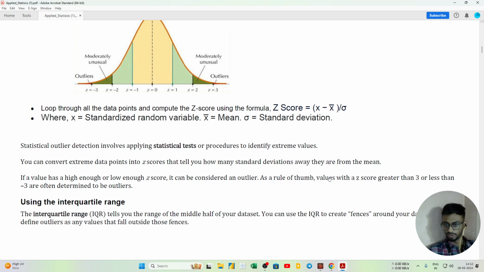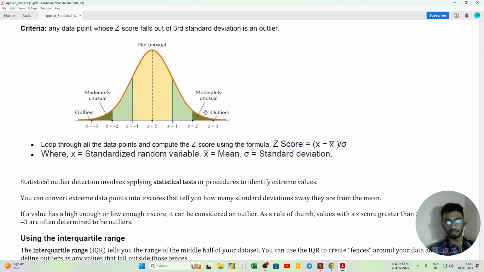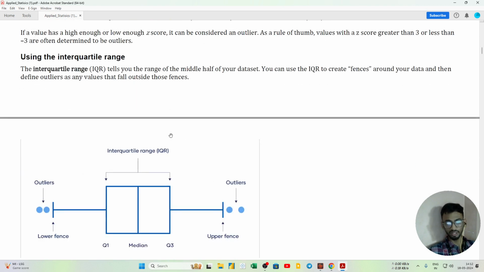As a rule of thumb, values with a z-score greater than 3 or less than -3 are often determined to be outliers. A value with a z-score between -3 and 3 will not be considered an outlier, but extreme points below -3 and above +3 are considered outliers.